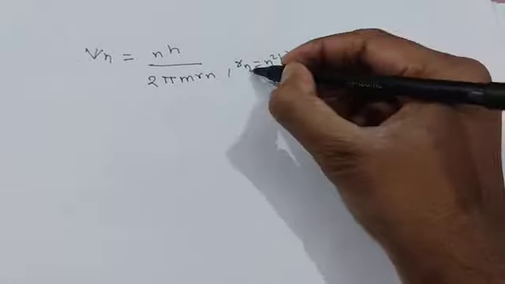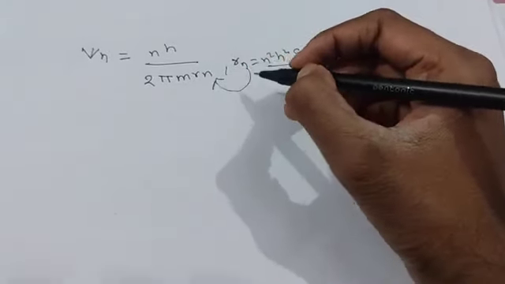We put the rn value here, so we'll get our vn.